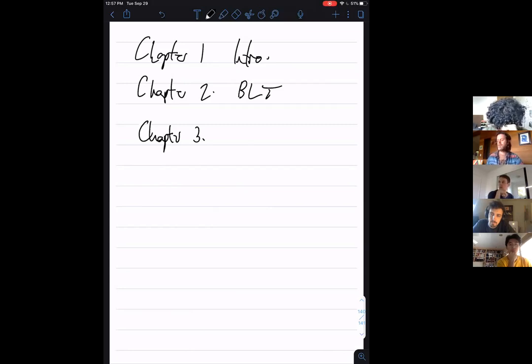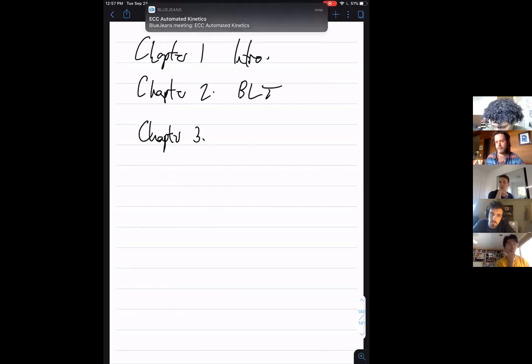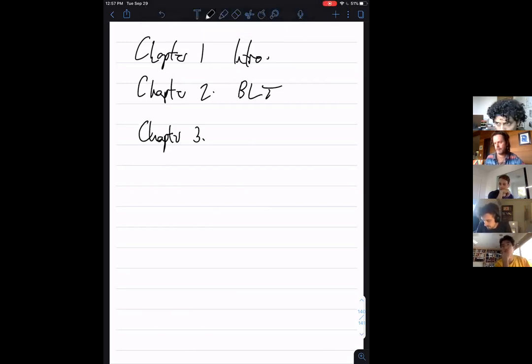But then I want to join that topic up with the concept of fractional random walk and fractional Brownian motion, which is something I worked on with Scott Sheffield about 10 years ago. So I'll draw some connections there and draw those into a single chapter, this chapter 3.